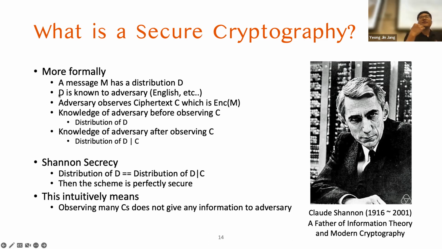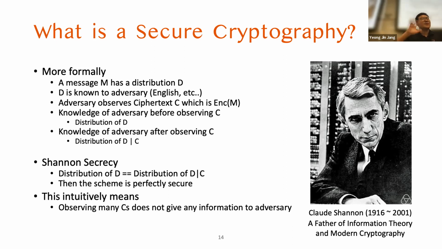Suppose I want to send a message to my supervisor, the department head, Tom Weller, in English. Then you guys as an adversary, I'm sorry for pointing at you guys as an adversary, but just making an example, want to know what Youngjin tells the department head. Then you will know that I will use English, right?